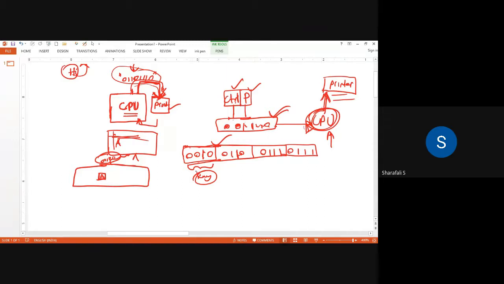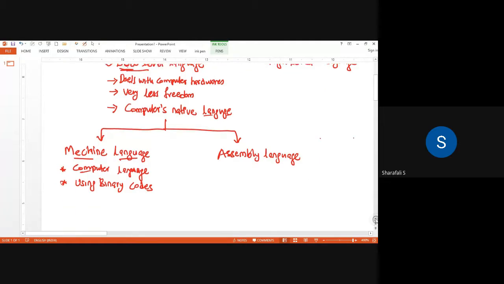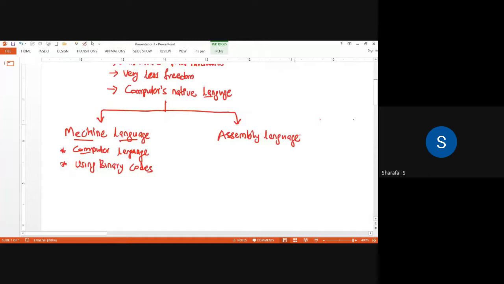In order to have these kinds of operations on a computer system, we use machine language, also called computer language. If you write any program using machine language, that means you have to do it using the binary codes itself. You have to use only zeros and ones.